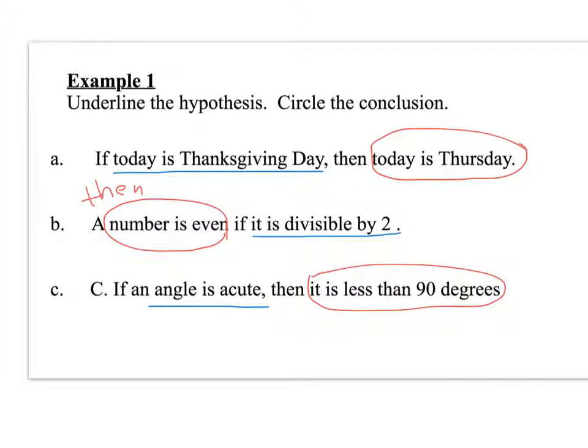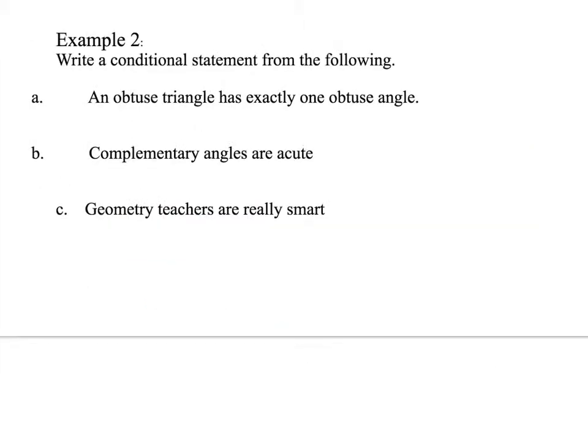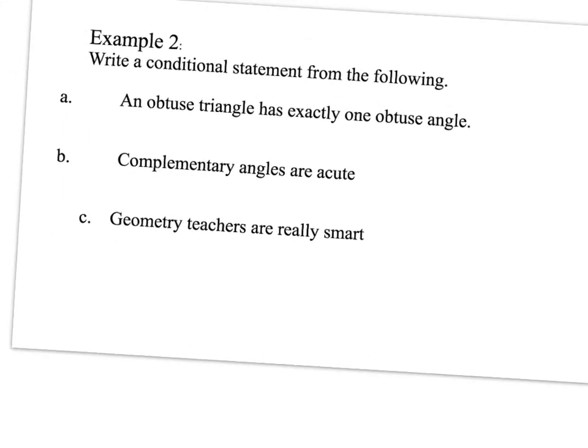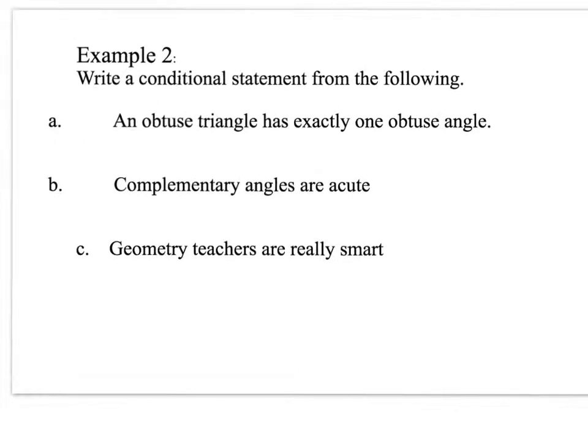All right, hopefully everybody's getting this okay. Let's go to the next slide. I'll make it bigger for you. Here we want to write conditional statements from the following. The statements don't always have to be written in if-then form, but you'll see later on when we're doing proofs, it's really handy to look at it as an if-then form. So let's look at this first one.